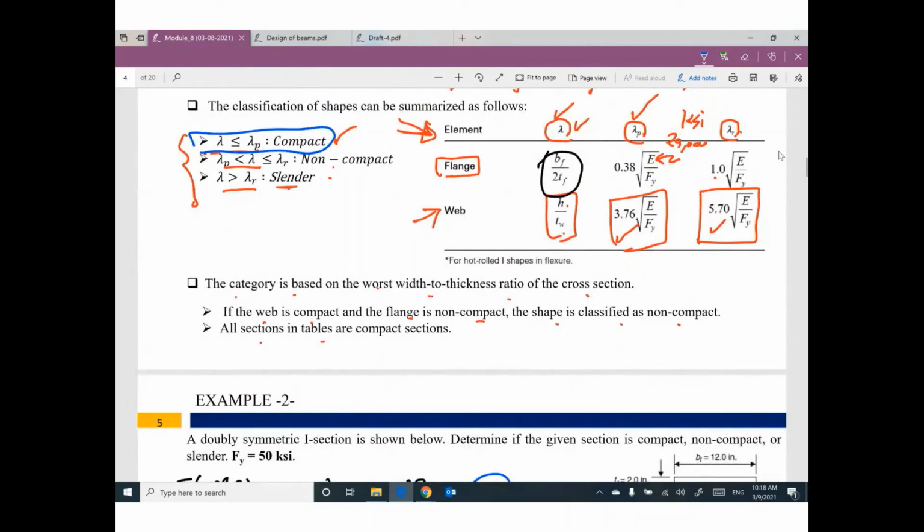Can you tell me the value of lambda plastic, or lambda P? 3.76 times the square root of 29,000 divided by 50. This value will be 90.6. This one will be 137. Lambda P and lambda R.